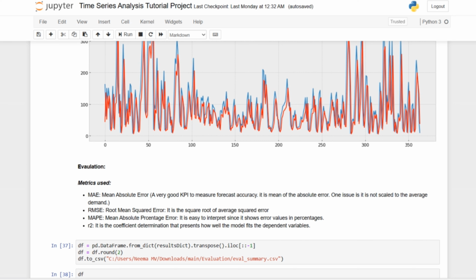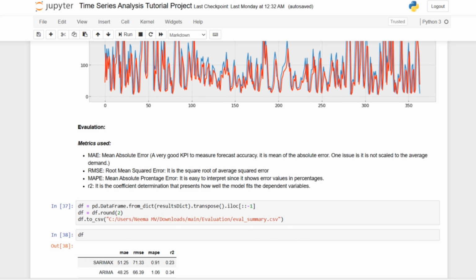However, one issue is that it is not scaled to the average. RMSE is the square root of the average squared error, so it's the square root of MSE. MAPE is similar to mean absolute error, except that it is in percentage, which helps us interpret the results. And R2 represents how well the model fits the dependent values.